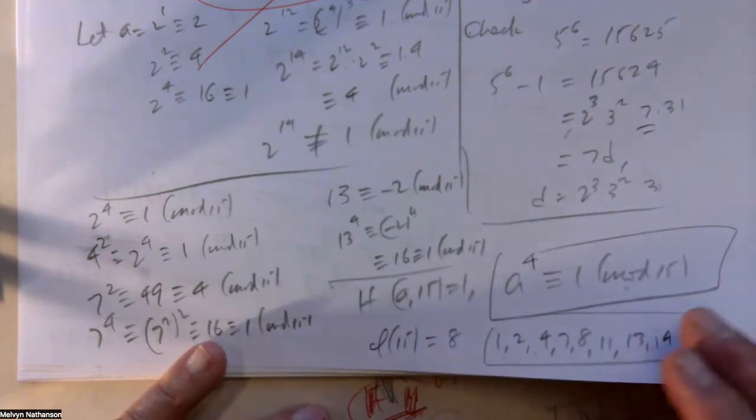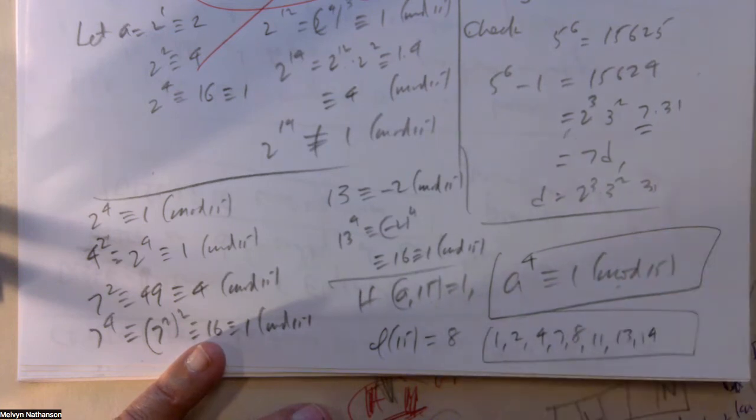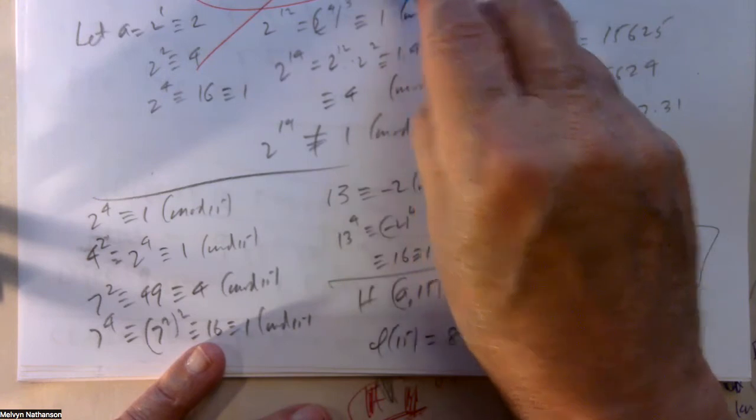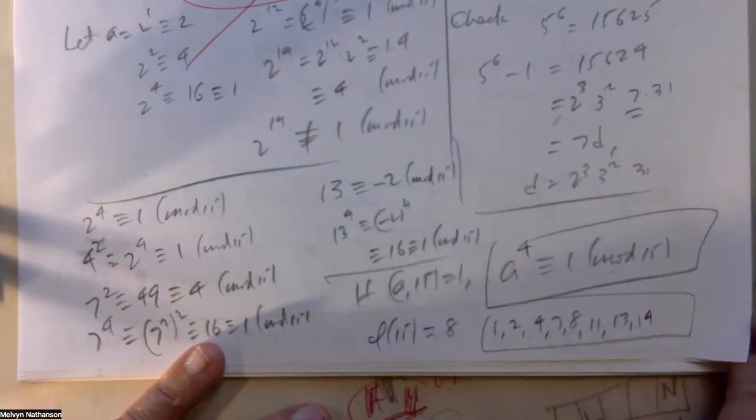So there is, as it turns out, something like Fermat's little theorem, not for primes, but for products of 2 primes. And let me write it down and see if I can give a little proof of it right now.